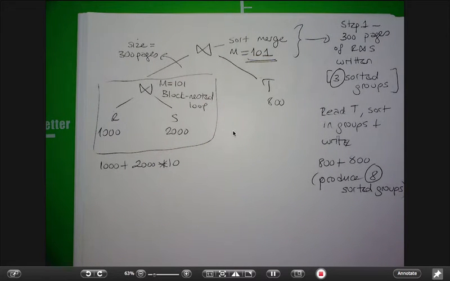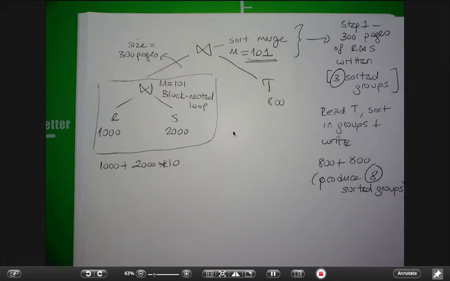So what I can do is I can read 3 blocks of R join S, 3 blocks of T, and now I can do the sort and the join at the same time, right? Find from T the smallest tuple, find from R join S the smallest tuple, see if they join, output.